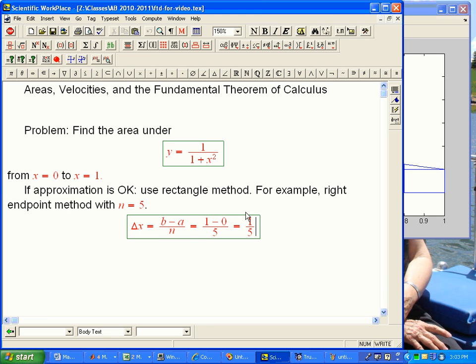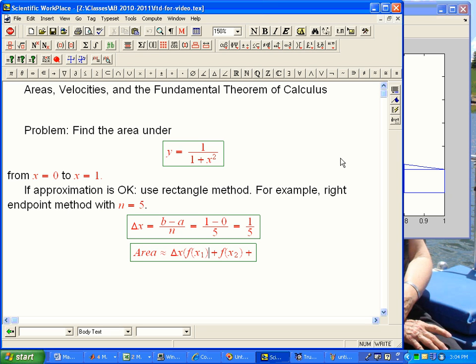Okay, and so the right endpoint method for n equals 5 says that the area is approximately equal to that delta x, well, let's write the general formula, times a sum of the function values, because it's sum of height times width. And if we want names for those, let me put a general parentheses around this. Then that would be x1, x2.